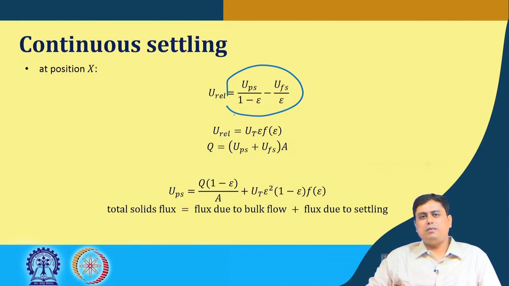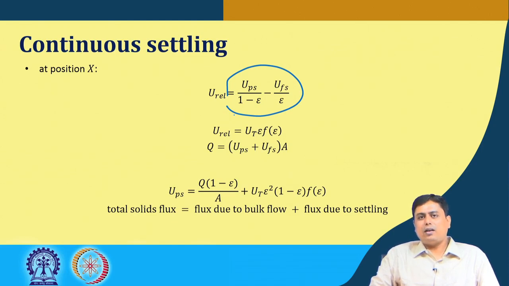This is UPS divided by 1 minus epsilon, minus UFS divided by epsilon, because remember these are the volumetric fluxes divided by their respective volume fractions, which gives the actual velocities, like the relation between the superficial velocity and the actual velocity.